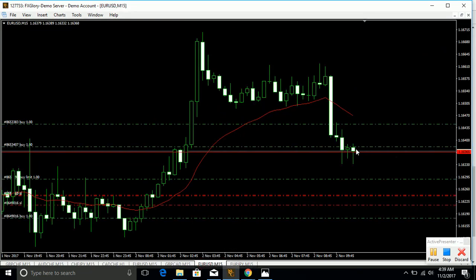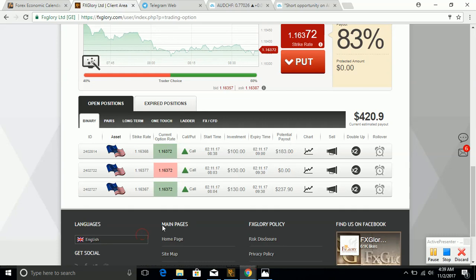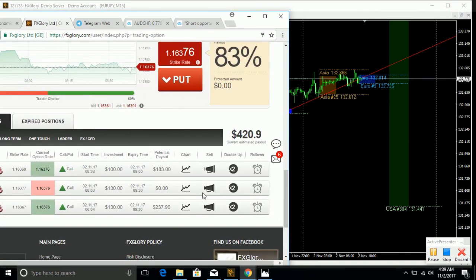And here's the Euro USD. Both of them flew back up. So technically I didn't have to roll these over, but I went ahead and rolled them over anyway for the simple fact that I know by 5:30 they'll be long gone. So it's just for safekeeping.